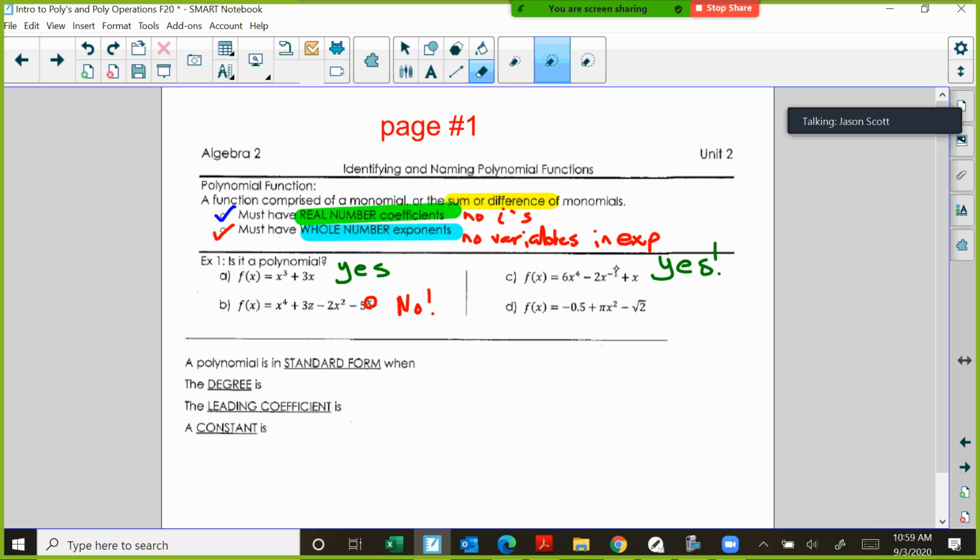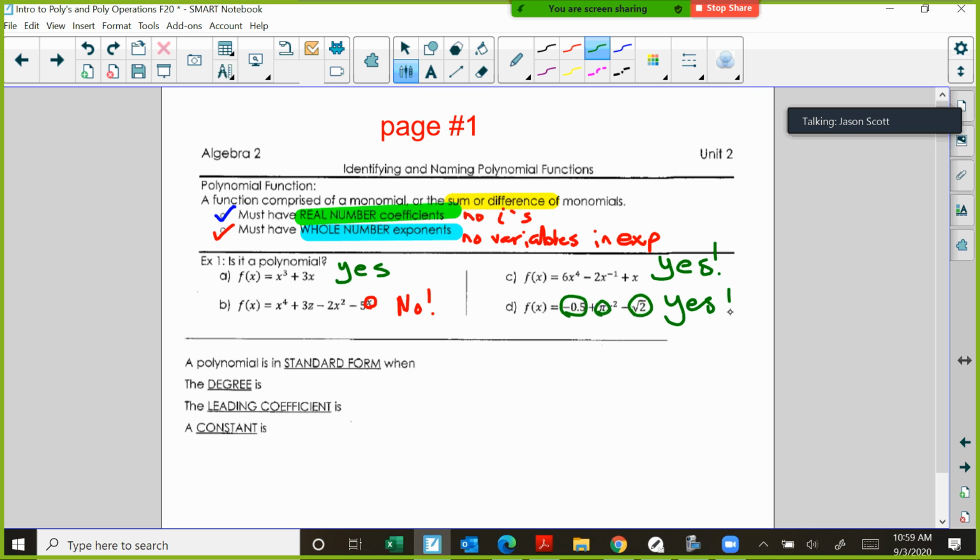All right, down to D. Okay. Is this a real number? Yes, it is. It is real. Is pi a real number? Yes, it is. It is real. Is square root 2 real? Yes, it is. So once again, we fit the category because all the exponents are either a 1 or a 2.